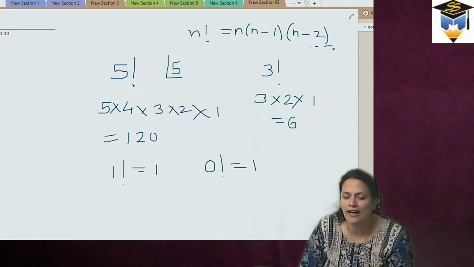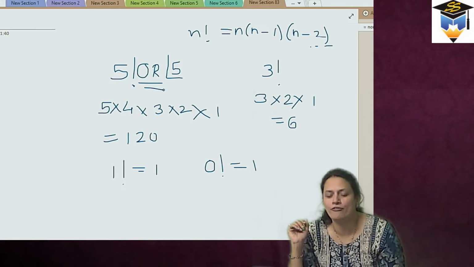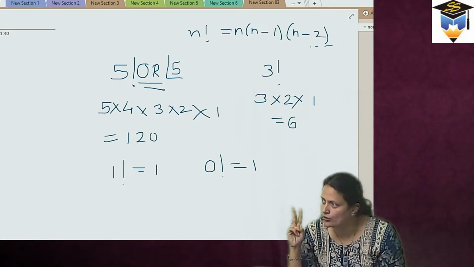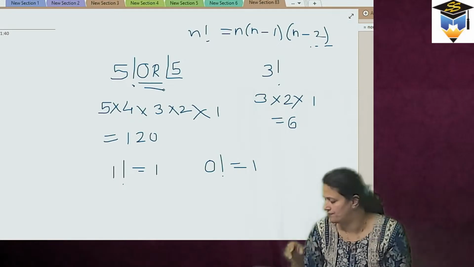Write down how a factorial is represented as, or this. Find out the value of 5 factorial, 3 factorial, then give the example of 1 factorial and 0 factorial.